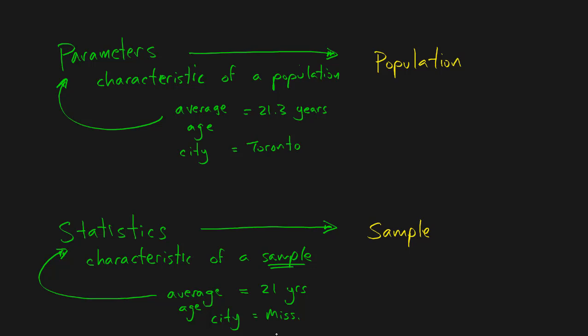So why is the course called statistics, and why not parameters? Well, we're interested primarily in parameters. We want to be able to make comments about a population. Let's say, for example, there's a drug company that comes out with a new drug.